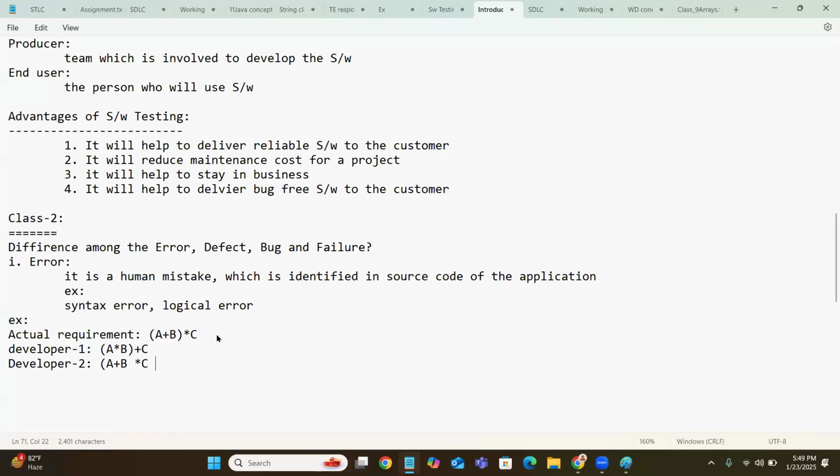Developer 1, developer 2, both made mistakes. Now, can you guess which one comes under syntax error and which one comes under logical error? Can you write in the chat box?